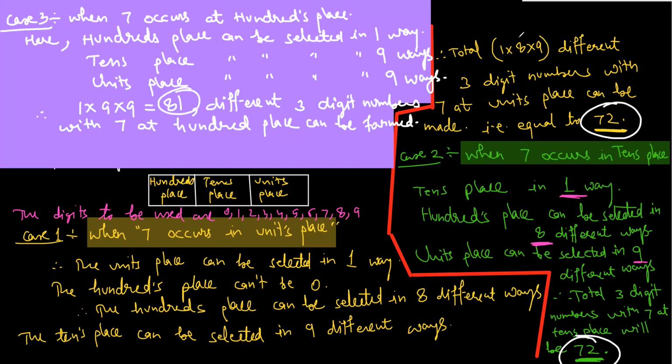Therefore, the total number of three-digit numbers having 7 only once is equal to 72 plus 72 plus 81, that is 225.